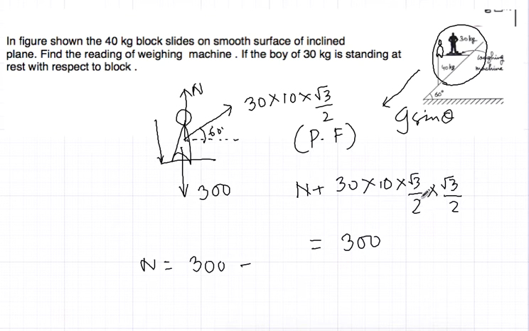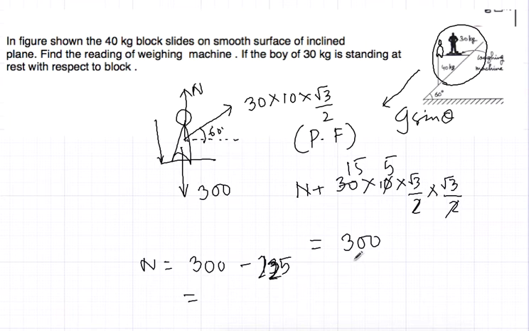This is 4, this is 5, this is 15. 15 into 5 is 75, 75 into 3 is 225. Sorry, I said 135 and 125 earlier, this is 225.